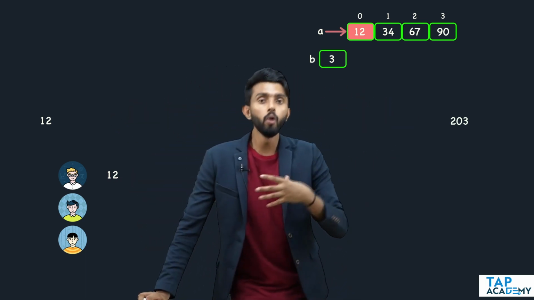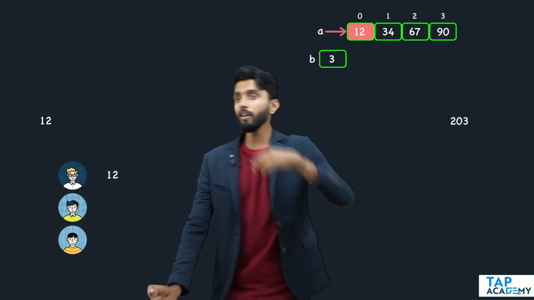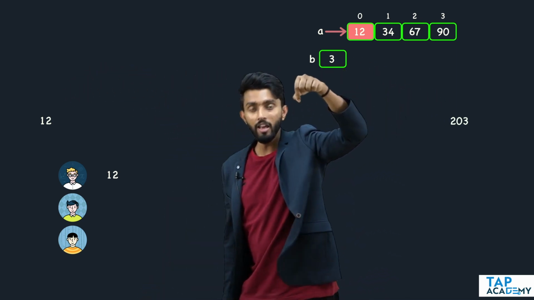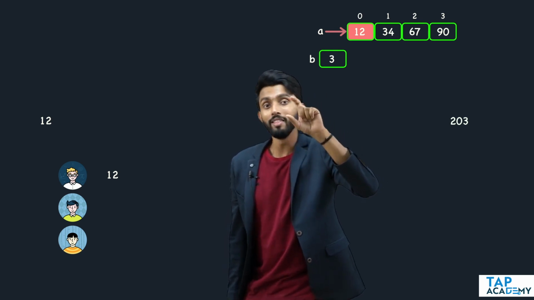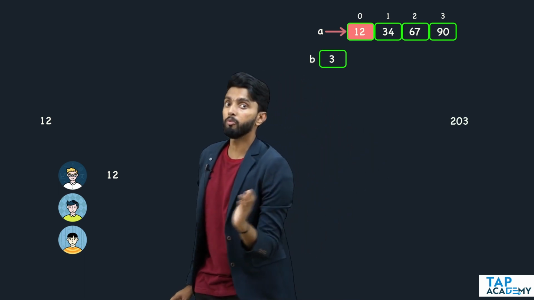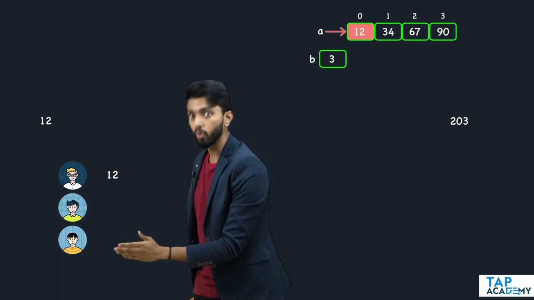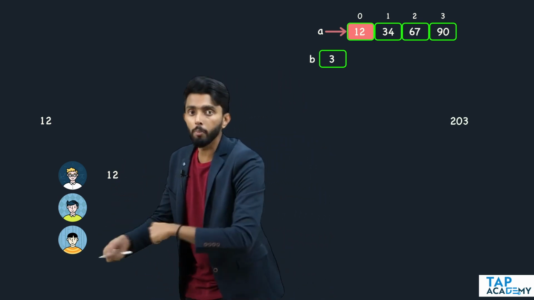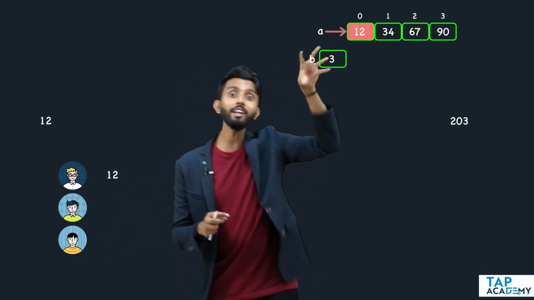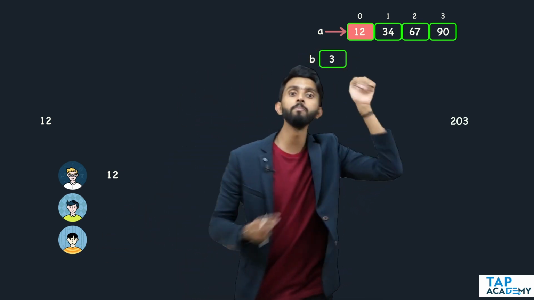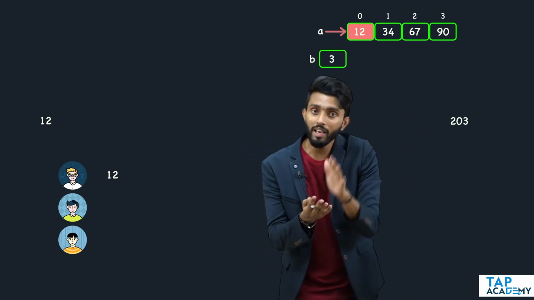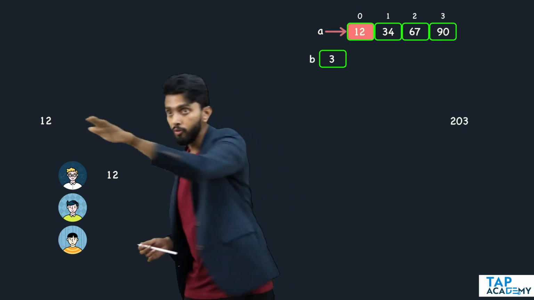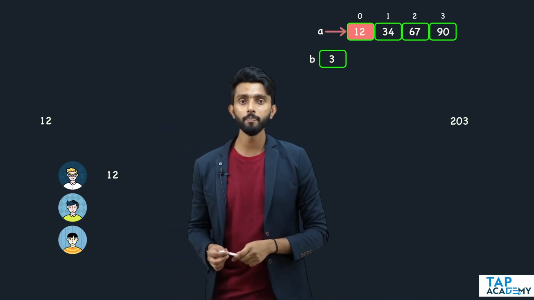Ultimately what we are trying to do is find a value between 12 and 203 which is the maximum number of pages that I can allocate to one of them, such that compared to the different combinations of allotment, that maximum value is the minimum. That maximum value is the minimum. Did you understand? So that value will lie between 12 and 203.